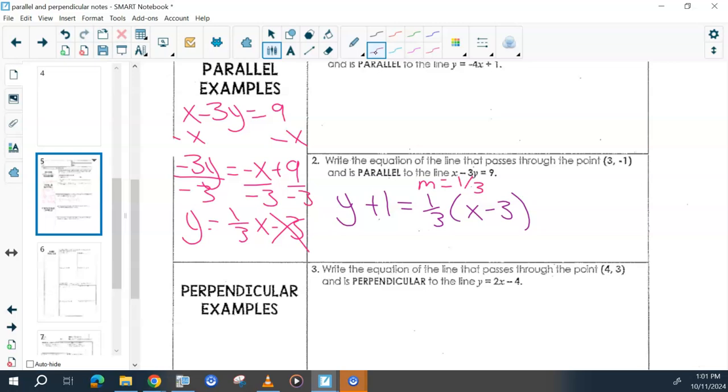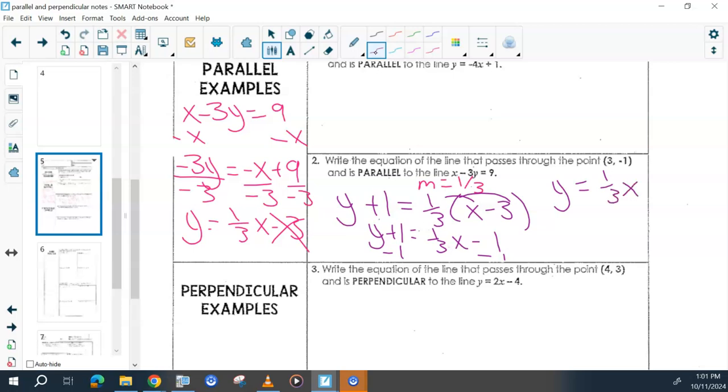Then go ahead and distribute, and subtract 1 on both sides. What is that new equation? We're missing the y-intercept.